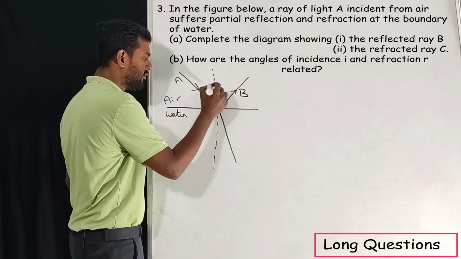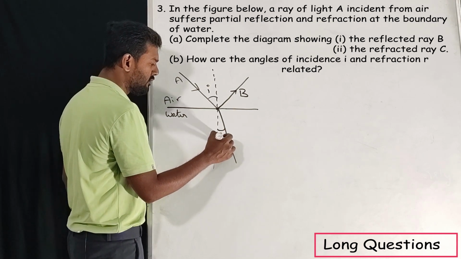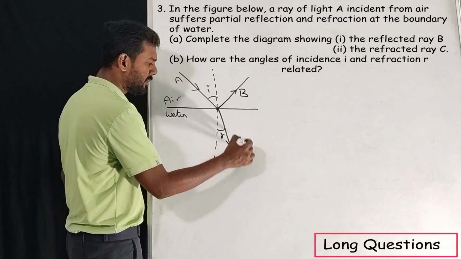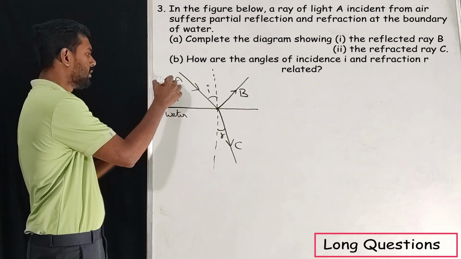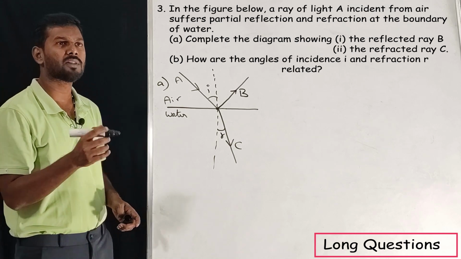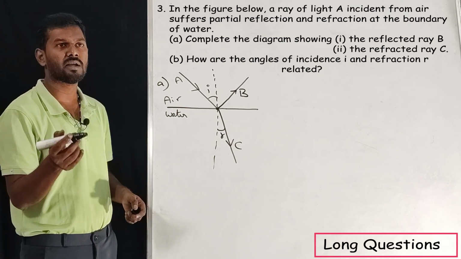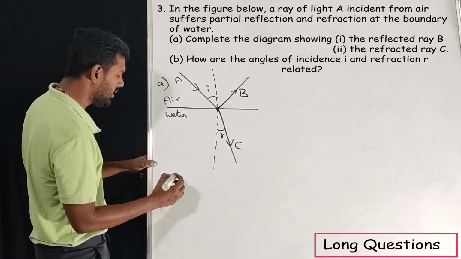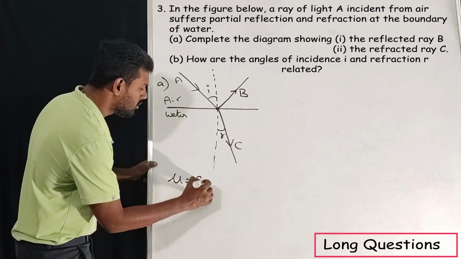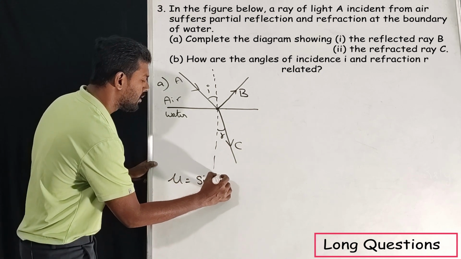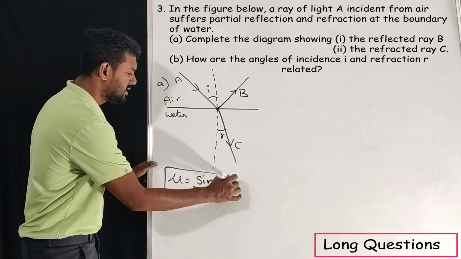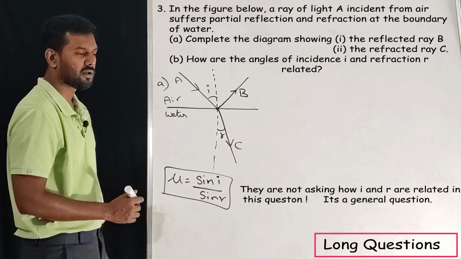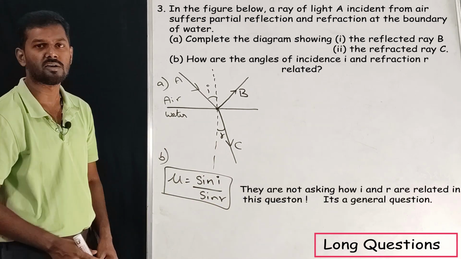So this is the angle of incidence, this is the angle of refraction, and we have to name it as C. Now we have one more sub question. This is A. Completing the diagram, how are the angles of incidence and refraction related? Very simple. Mu is equal to sin I by sin R. This is the relation between I and R.